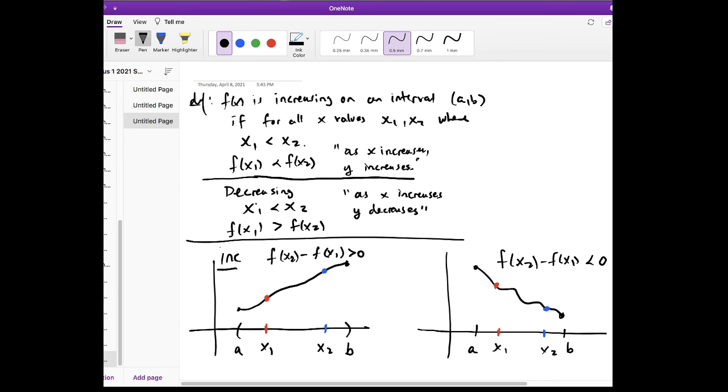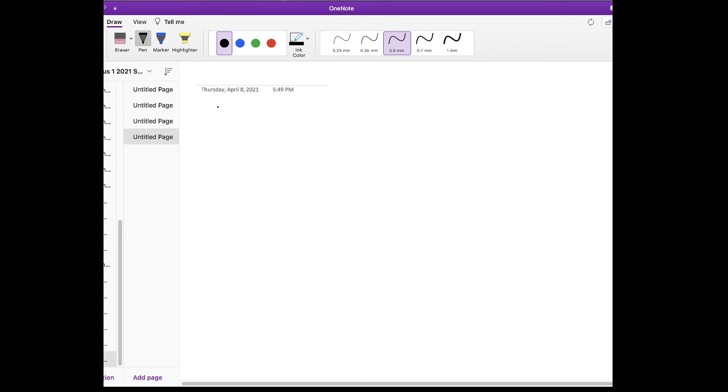Okay, so what are we going to do with this? We're going to say something about the derivative. Okay, so let's say you know that the derivative is always positive on an interval, let's say (a,b). You tell me, based on what you know about derivatives, do you think the function is going to be increasing or decreasing?